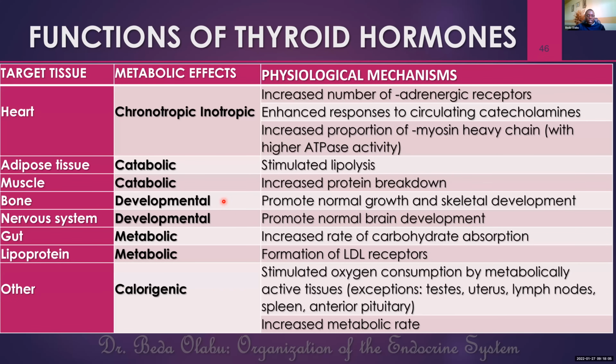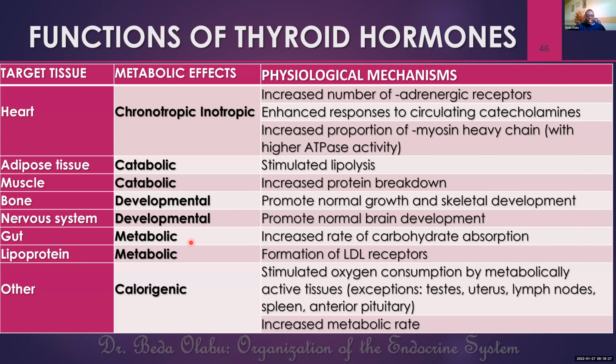They promote the normal growth of all body cells, generally, but also of the skeletal system. Very important. In the nervous system, again, it's important for normal brain development. Remember, this is fetal, but it continues even into childhood, normal development.